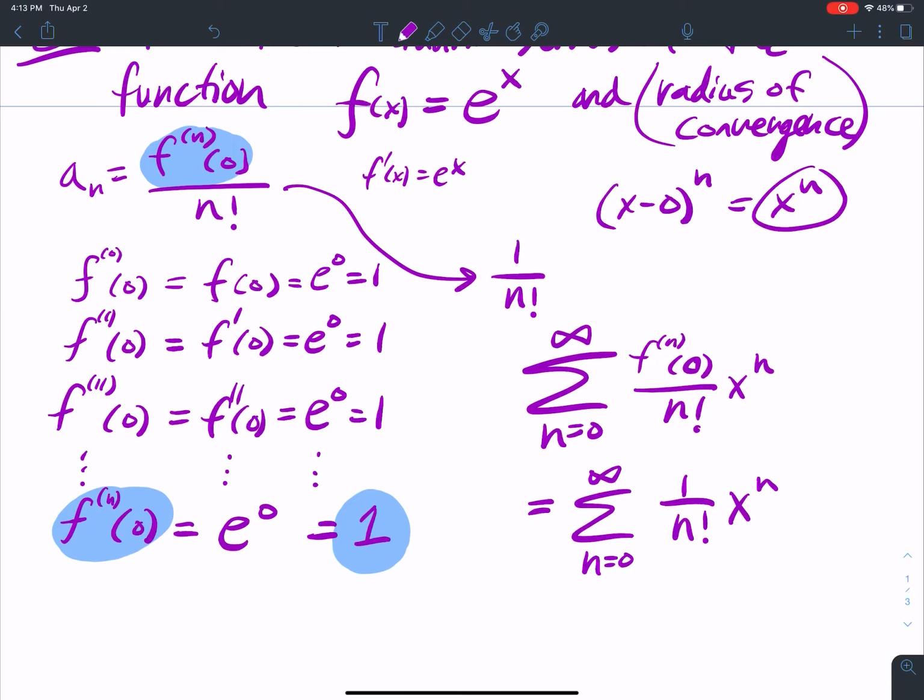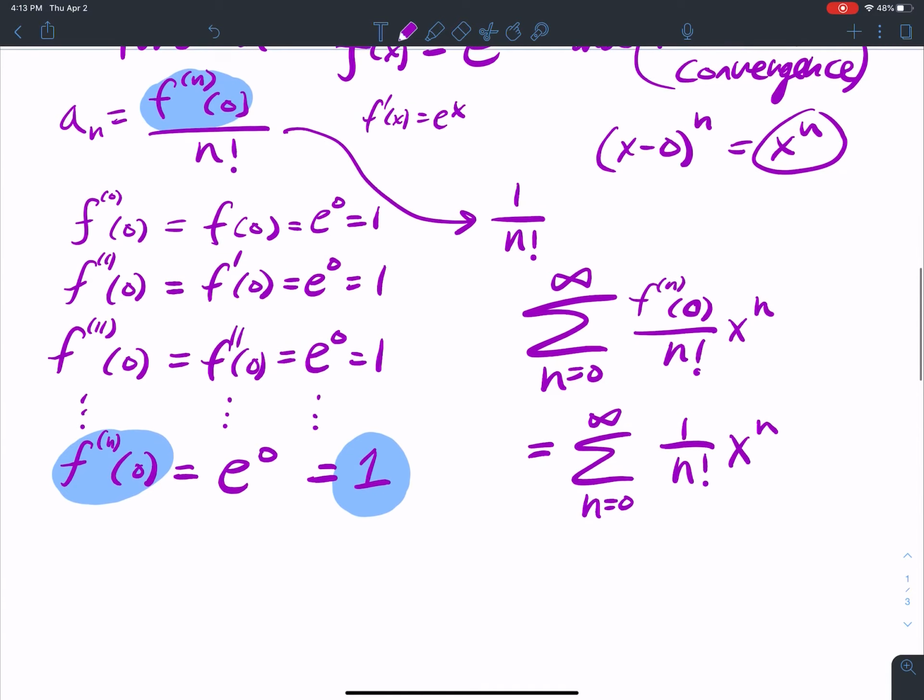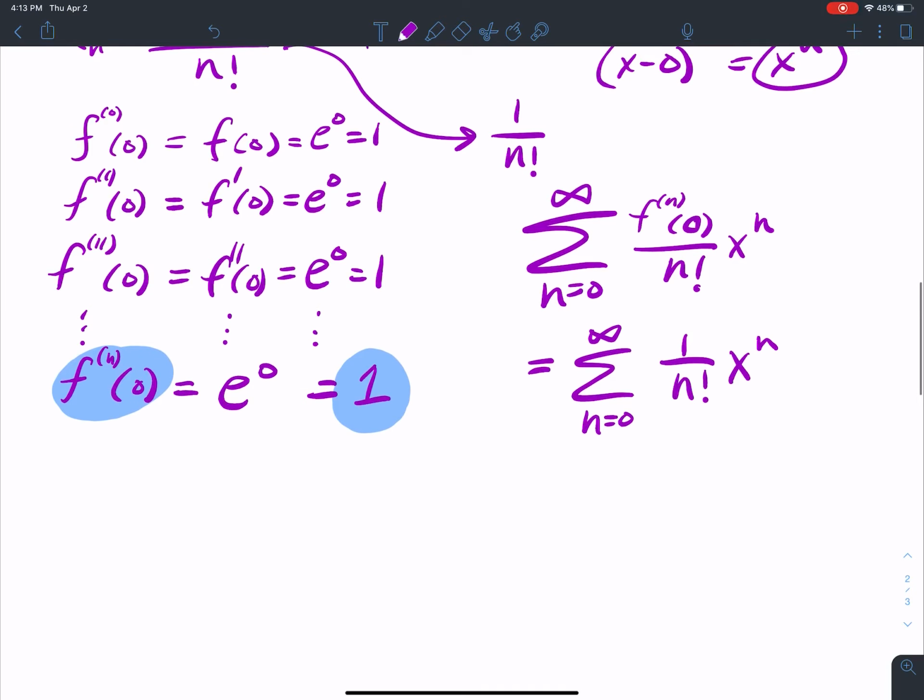Simplified, what is this? This is the series n equals 0 to infinity, x to the n over n factorial. Now, that is my e to the x function.